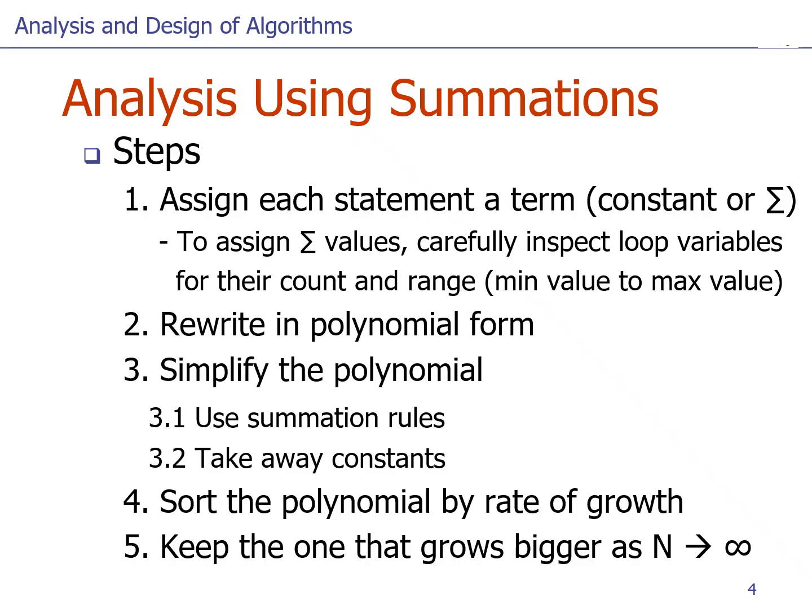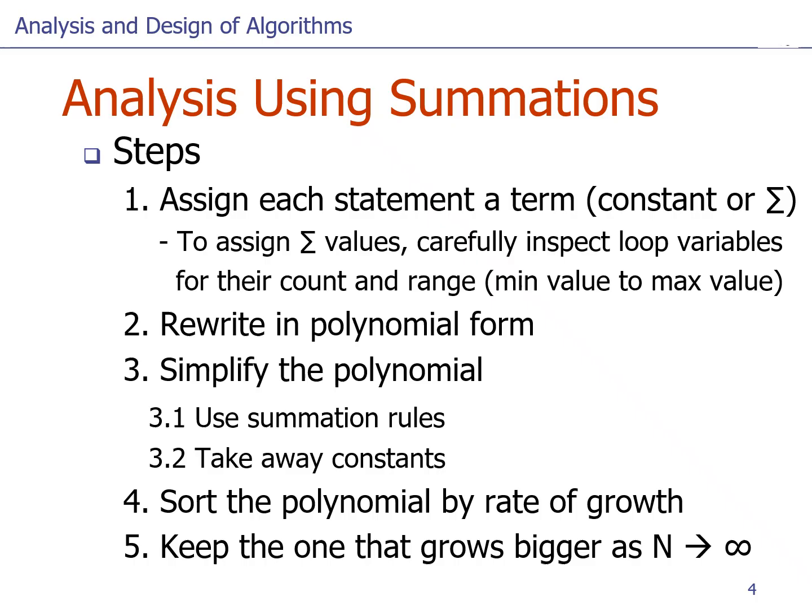So you look at the algorithm steps or the code given, and for every line, you either assign that line a constant cost, or if it's a for loop, while loop, do loop, any form of iteration, any iterative construct, you are going to write a summation for it.